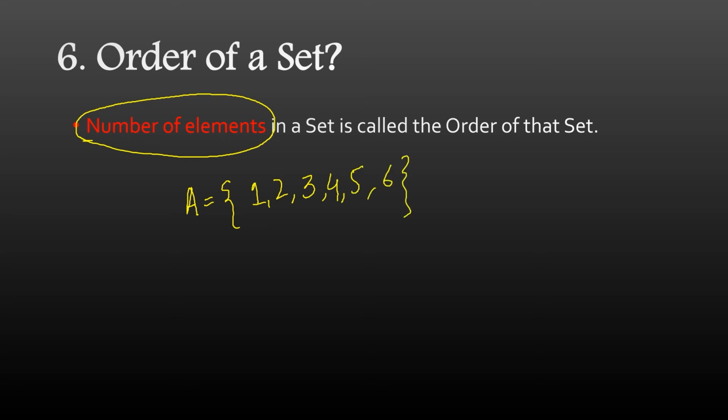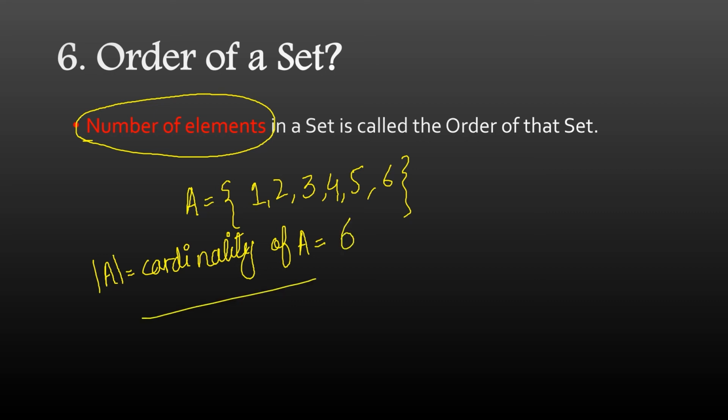We denote the order of A as |A|, or we say cardinality of A. We simply count its elements 1, 2, 3, 4, 5, 6. Order of A is 6. Okay, this was the case of finite sets.